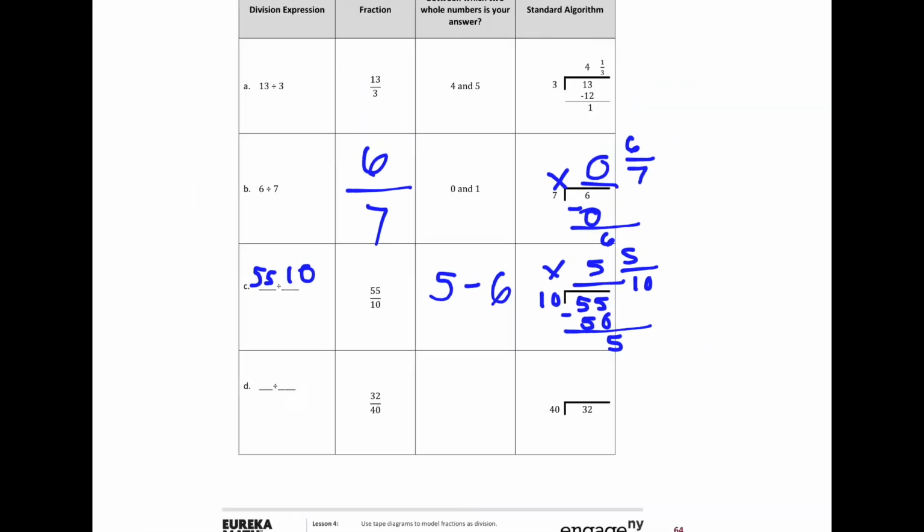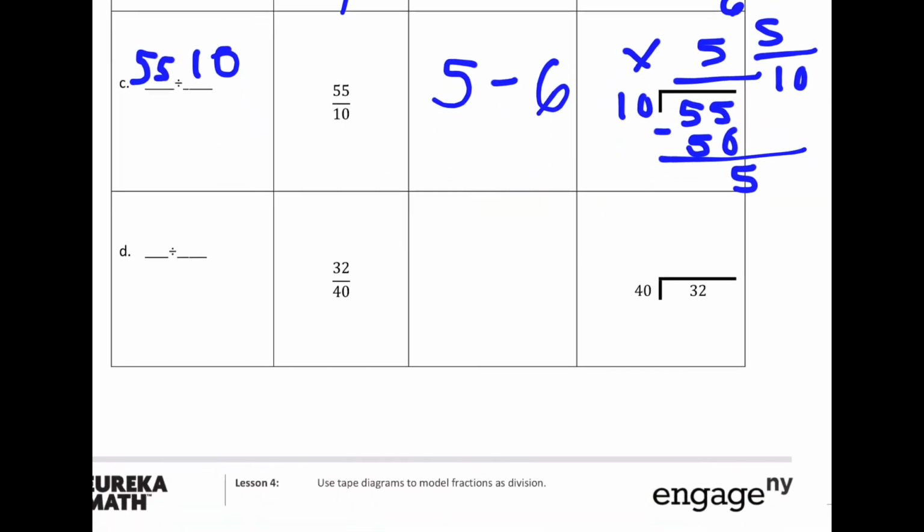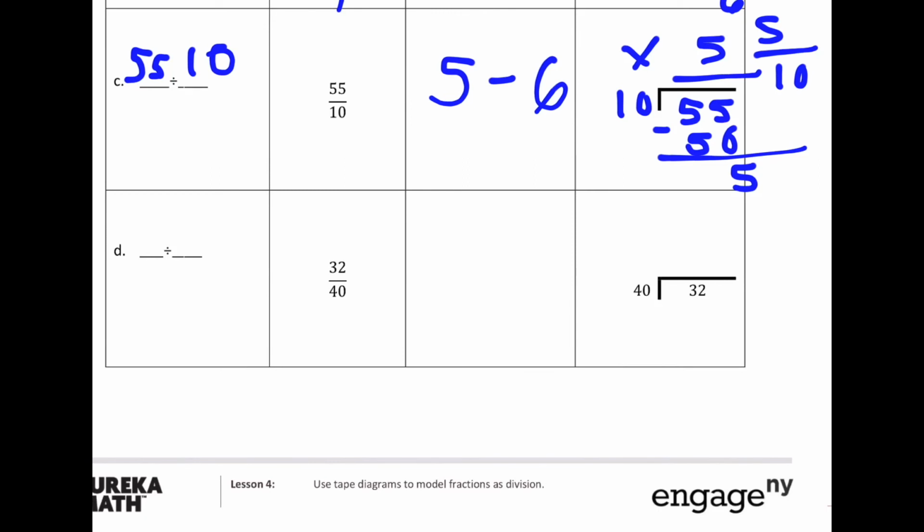Let's go ahead and do this last problem together. Okay? All right. So again, we don't have the expression, but we have the fraction. The top number is the number that goes first. Okay? The bottom number is the number that goes second.